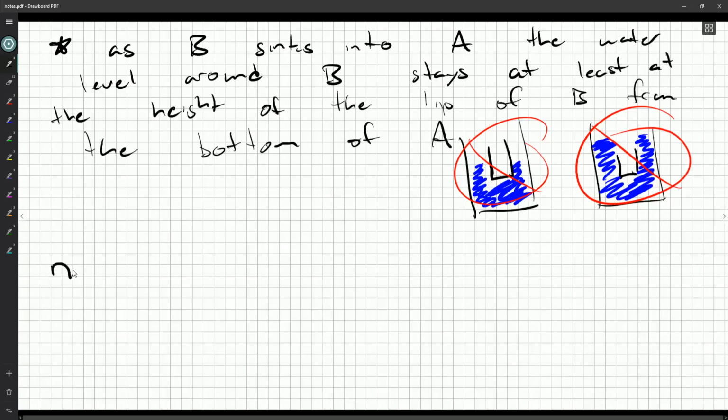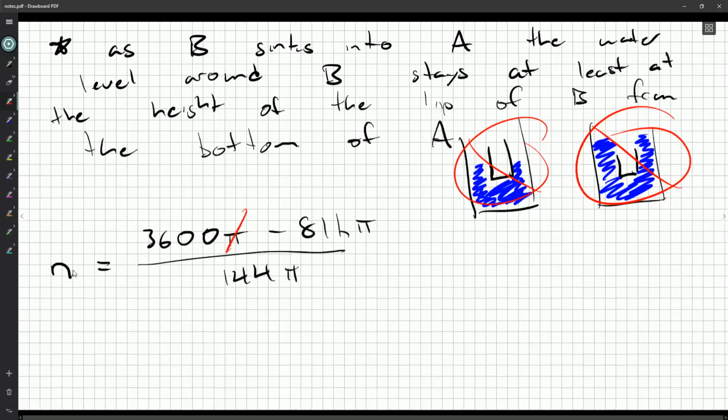Anyway, so N is 3,600 pi minus 81 h pi over 144 pi. So the pi's will cancel out nice and neat. The pi's haven't really come into the question at all. 3,600 over 144 should be 25, I think.